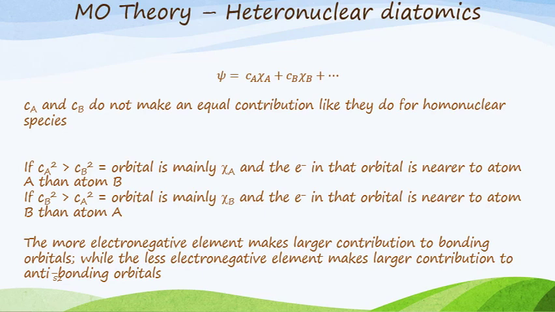If the energy of the orbital is much larger for B, then the orbital is going to be mainly focused towards atom B and is going to be nearer to B than atom A. Another thing to remember is that the more electronegative element is going to make a larger contribution to bonding orbitals, while the less electronegative element will make a larger contribution to anti-bonding orbitals.